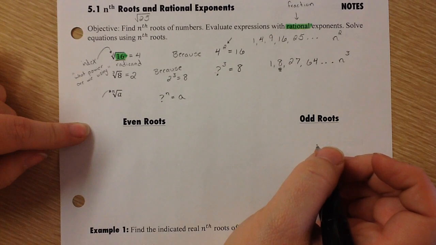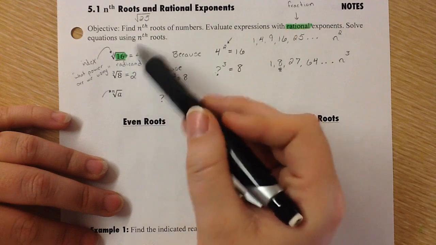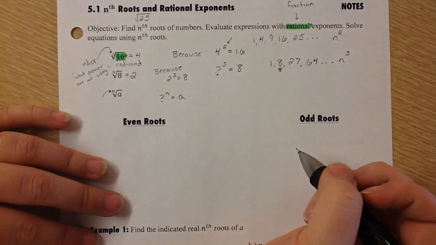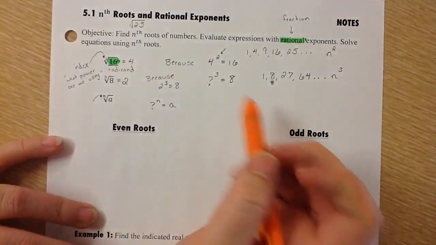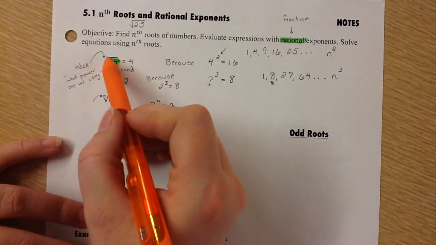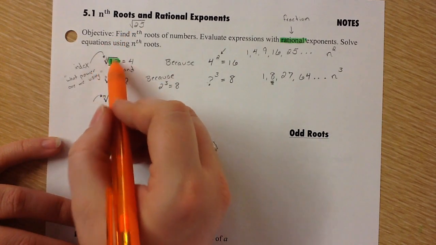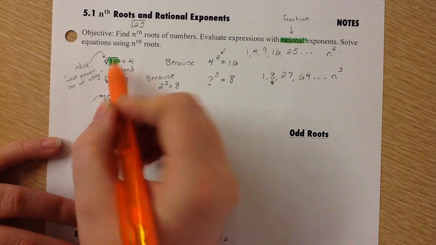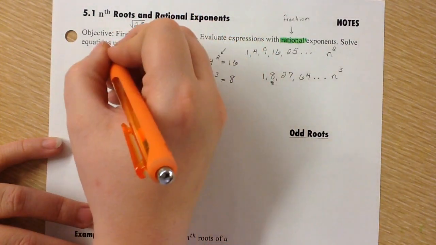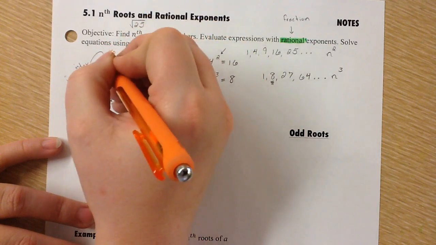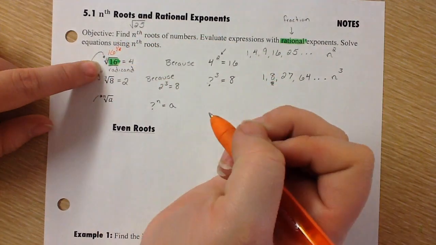Another way of thinking about these nth roots of numbers is to think of them as exponents. Here my index is 2, so instead of thinking of this as the square root of 16, this would be the same as taking 16 to the 1/2 exponent.